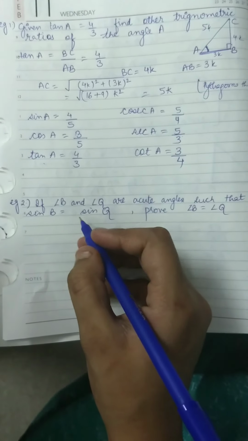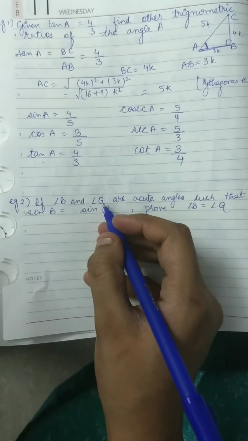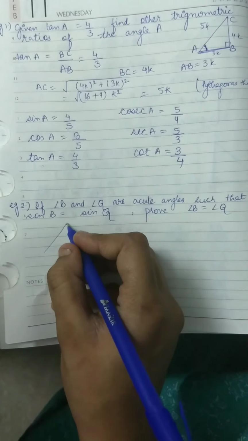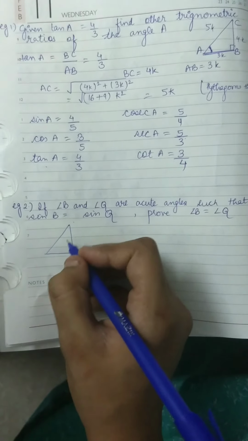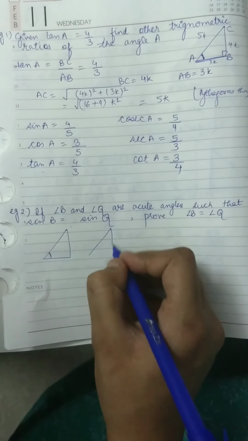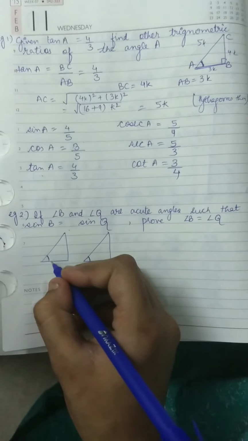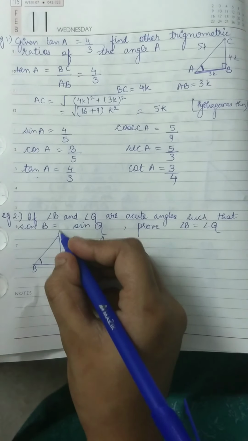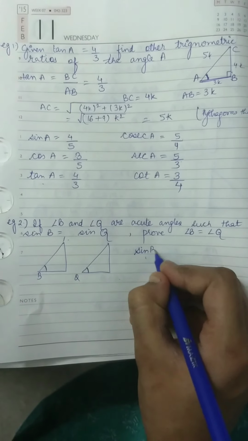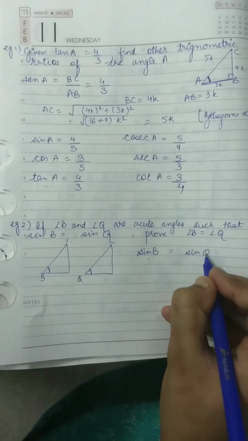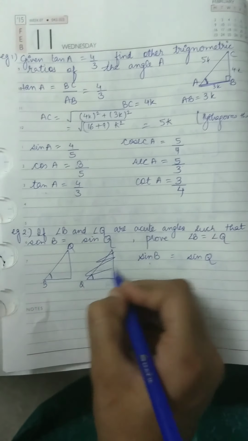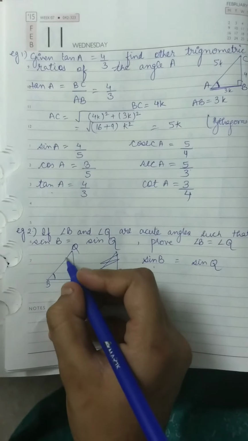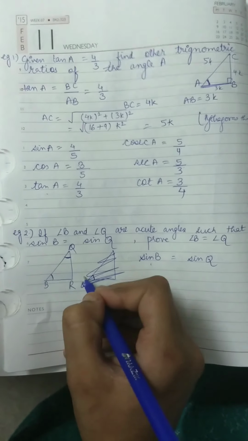Next example, if angle B and angle Q are acute angles. See here, triangle is there, angle B and Q is there, such that sin B is equal to sin Q, they are in a single triangle QBR. So sin B and sin Q are equal.